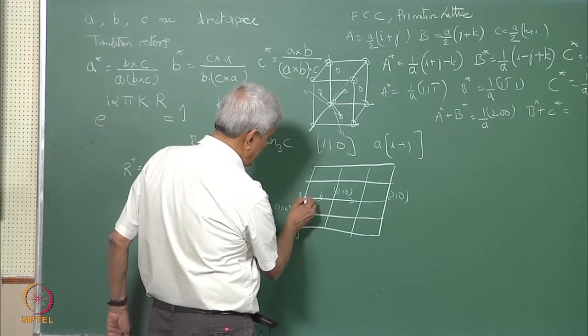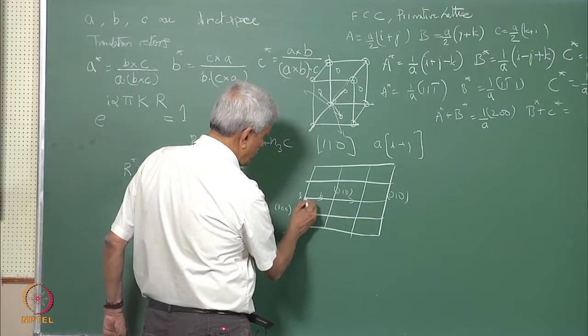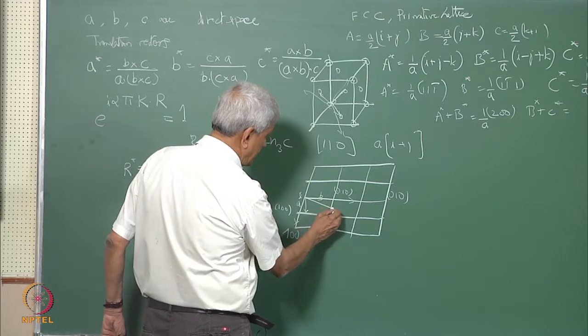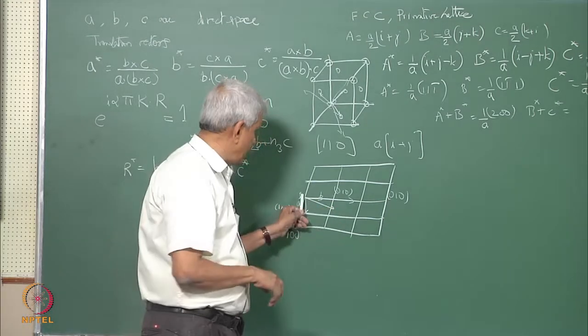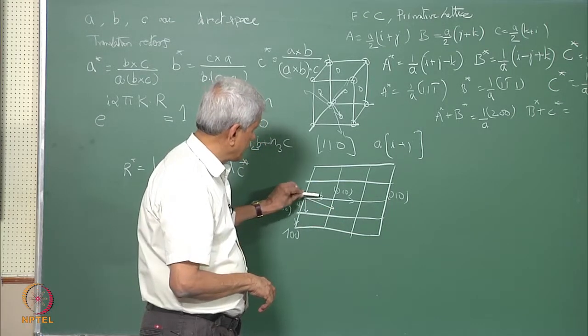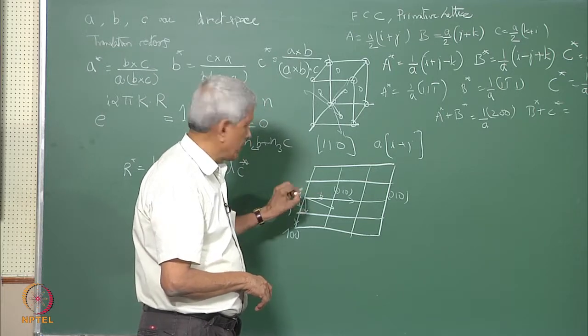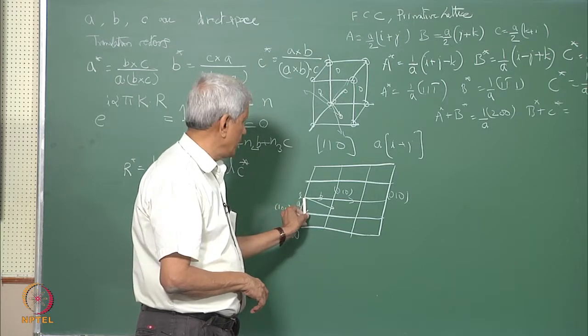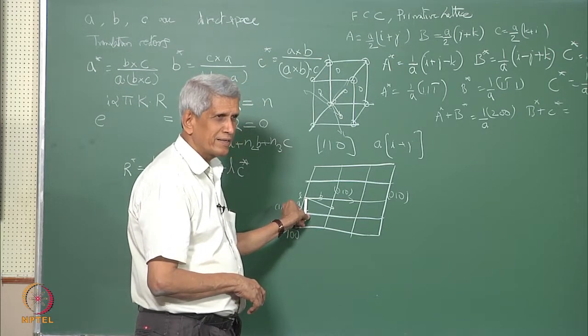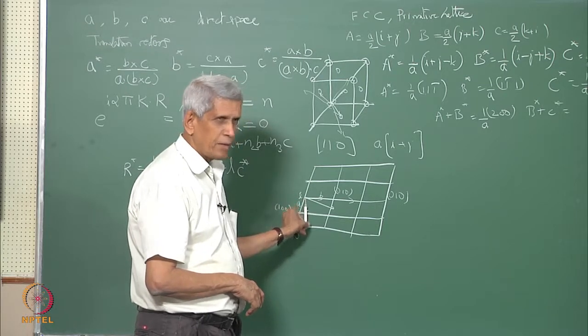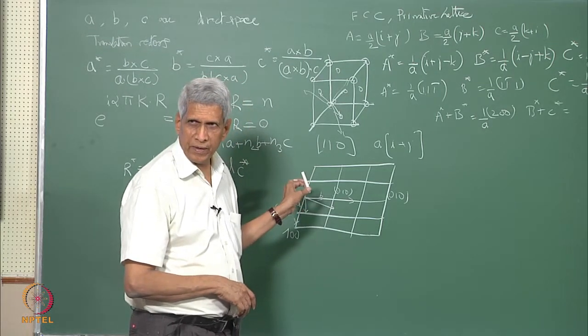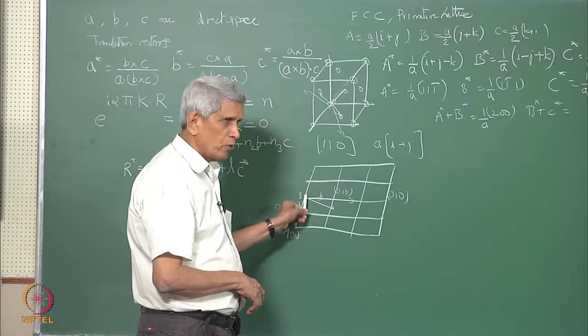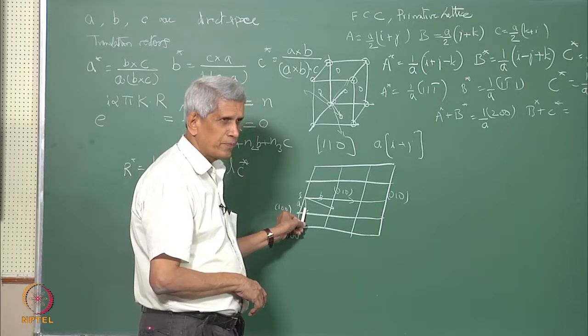Similarly, what will be the plane normal to this 0 0 1? It will essentially be coming in this direction, correct. And this plane normal is nothing but, if this is B and this is the vector C, B cross C will be a vector like this, correct. That is, the direction of the vector is the same as the plane normal. Now, what is going to be the magnitude?